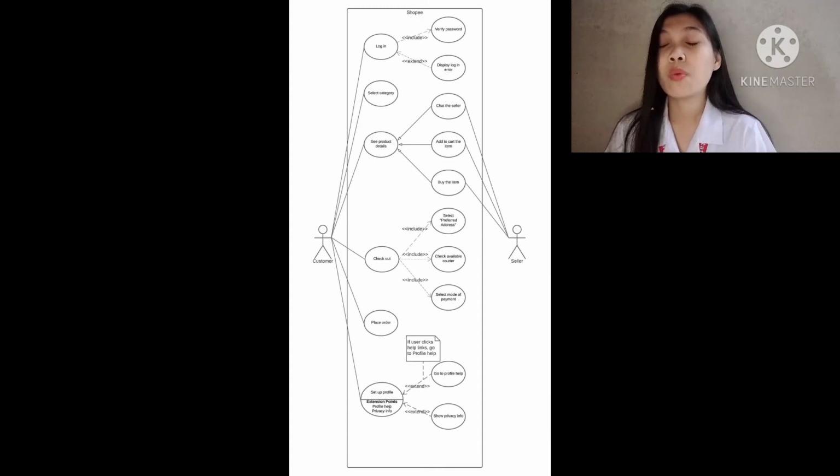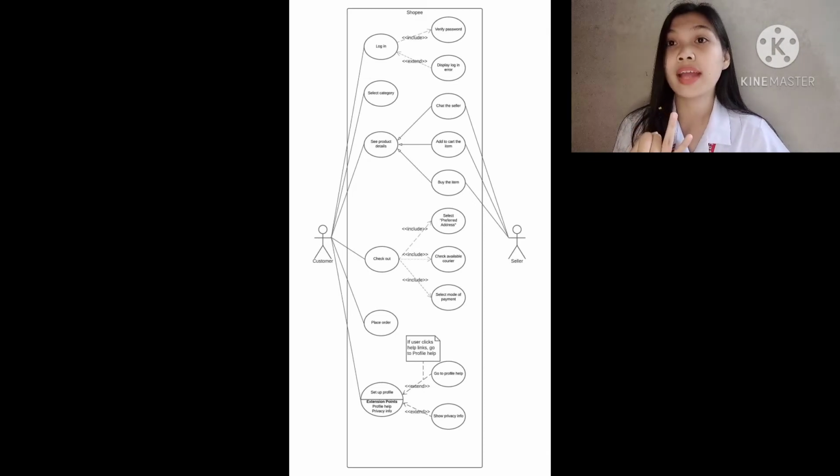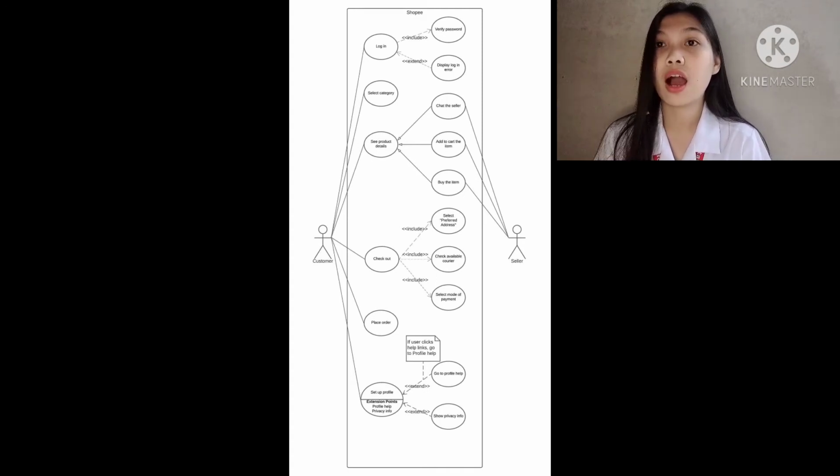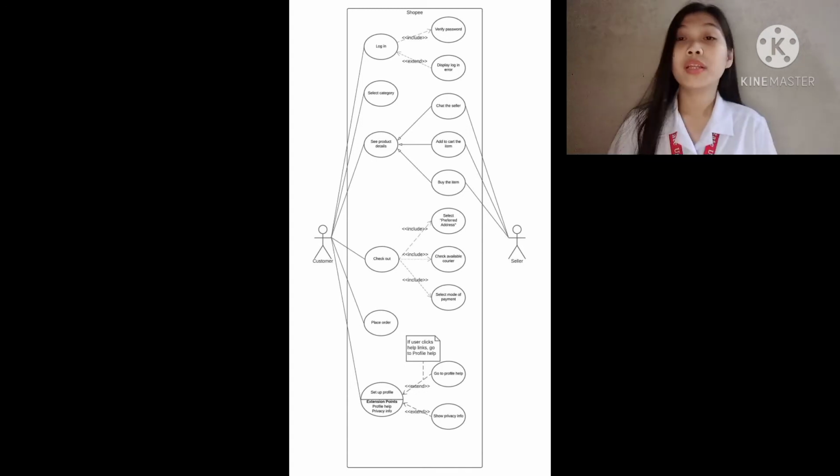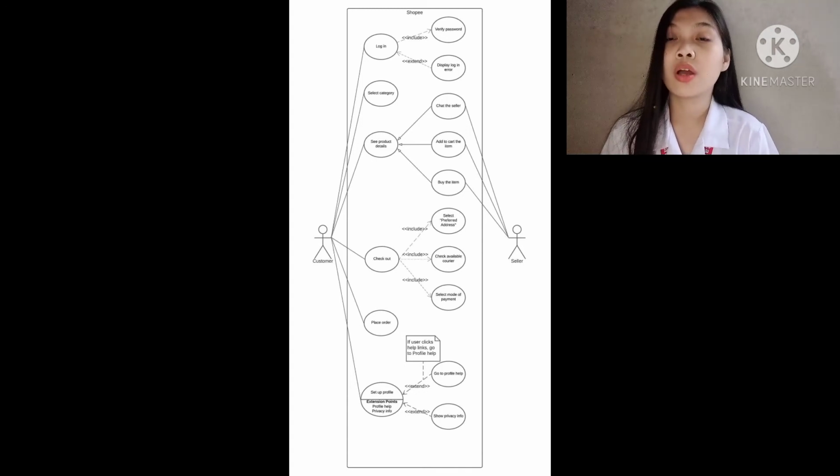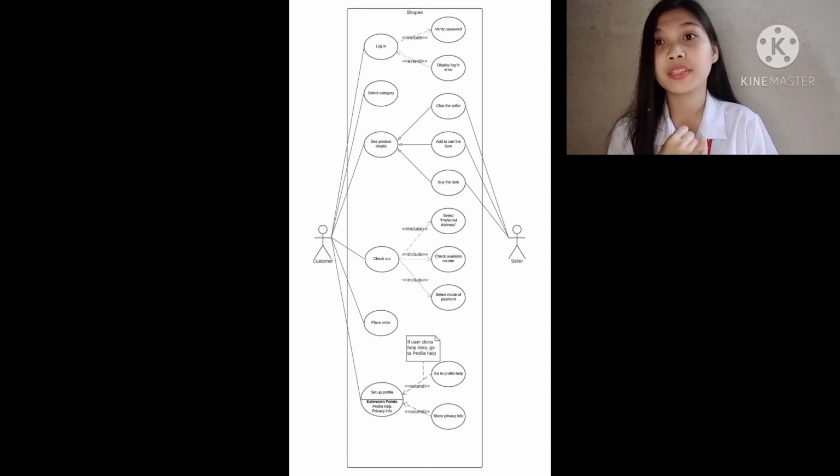So, we will add three new use cases: chat the seller, add to cart the items, and buy the items, so that the seller will prepare our items. When the customer wants to check out the items, we will create again three new use cases: select preferred address, select available carrier, and also select payment method.